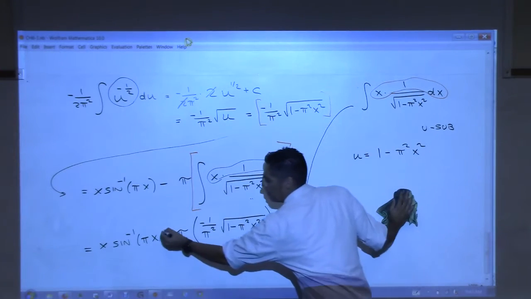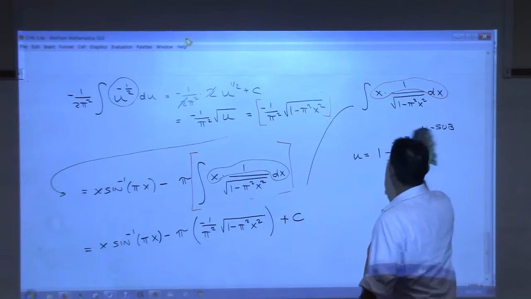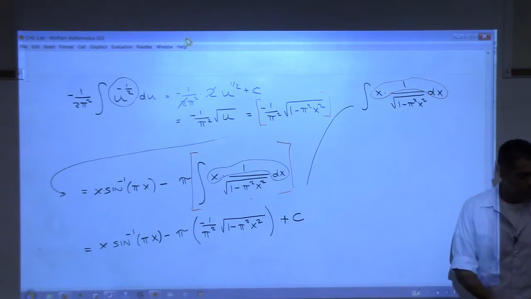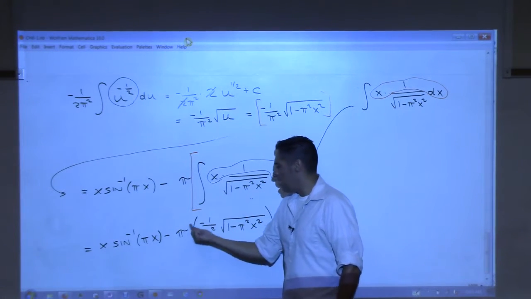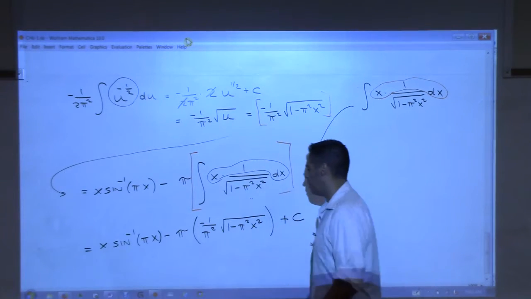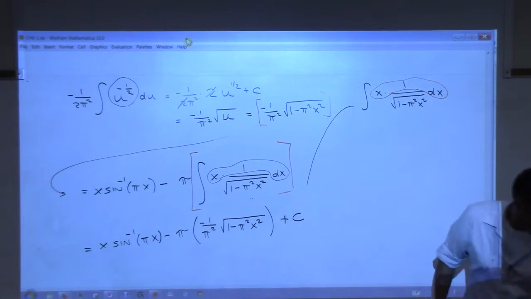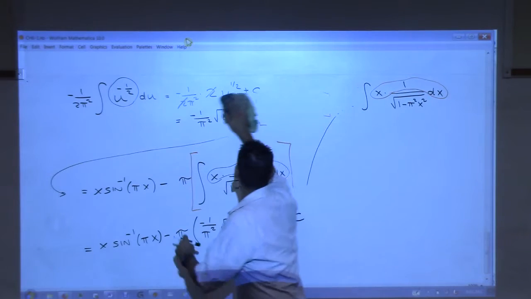I forgot to put my parentheses around here. There we go. Now let's distribute that pi through, okay? It's actually not distribution because there's only one term here. So that pi is going to come in here. The negative and negative is going to become positive. So this will be our final answer.